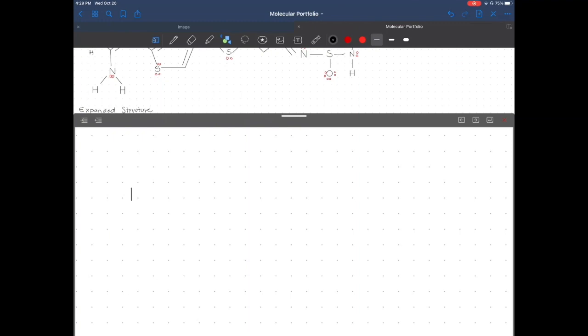Below, I will show the expanded structure. In the expanded structure, I will explicitly show where the carbons and hydrogens are.